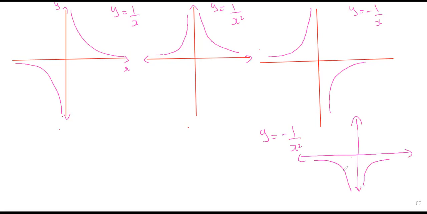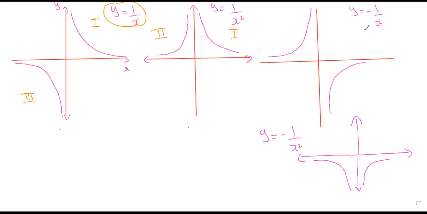Okay. Now, Saneem, you can also understand this by the, what do we call, table method, but you should know the basic shape. For y equals 1 by x, it would be in the first quadrant and in the third quadrant, okay? Then for y equals 1 by x squared, it would be in the first one and in the second one.